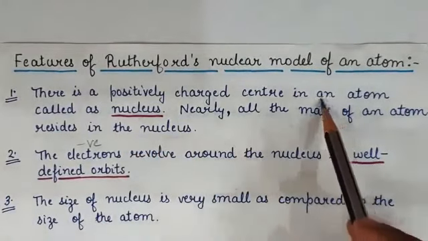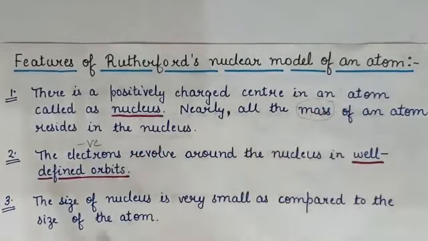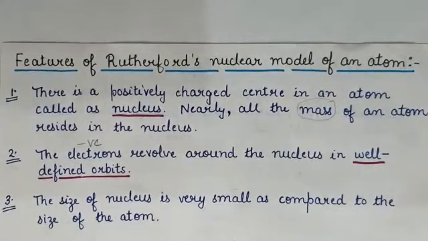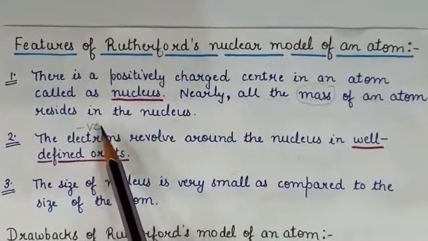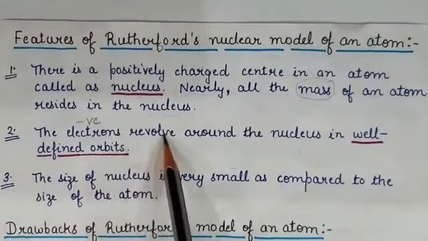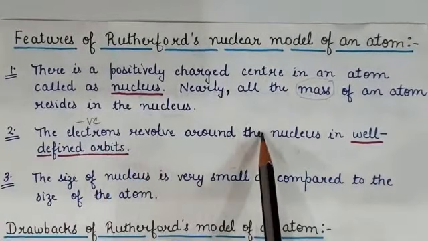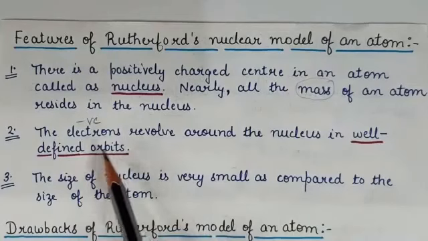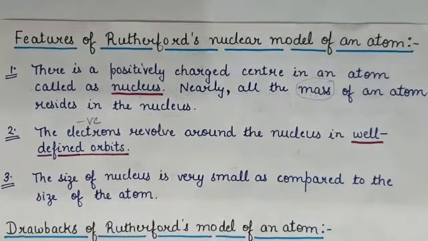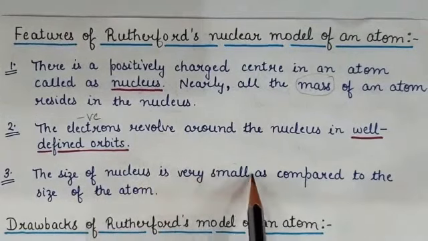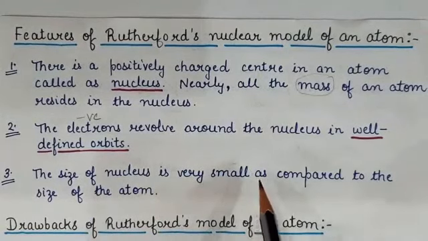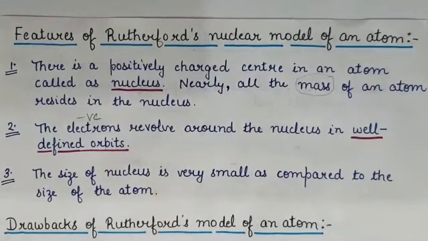The mass of the atom is concentrated only in the nucleus. Number 2, the electrons, meaning negatively charged, revolve around the nucleus in well-defined orbits. And number 3, the size of the nucleus is very, very small as compared to the size of the atom.